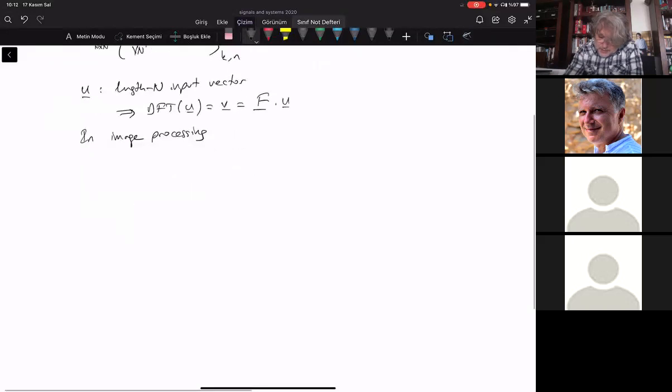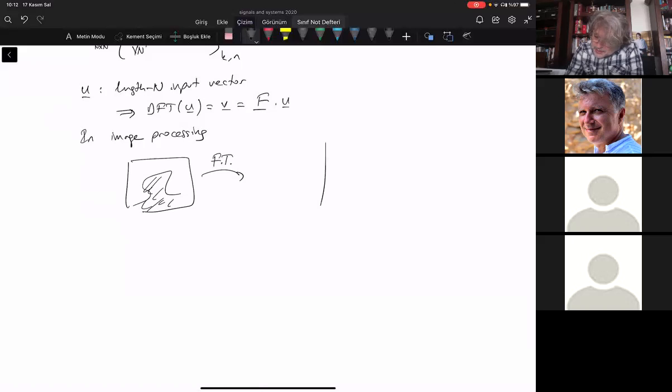For instance, if you have an image of a person and you want to take the Fourier transform, you expect to see something like this. In the center of the omega 1, omega 2 axis, there's a peak because that's the DC value, and towards the sides, to higher frequencies, it decays.